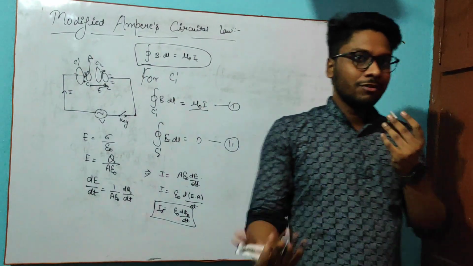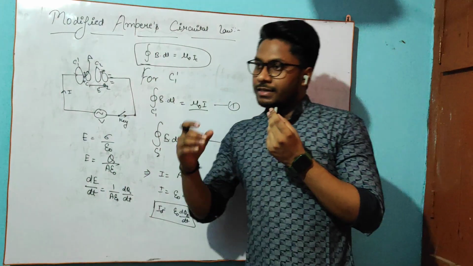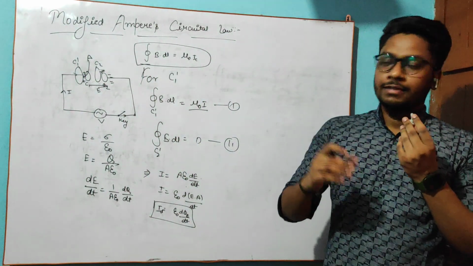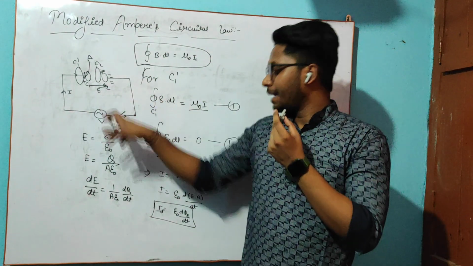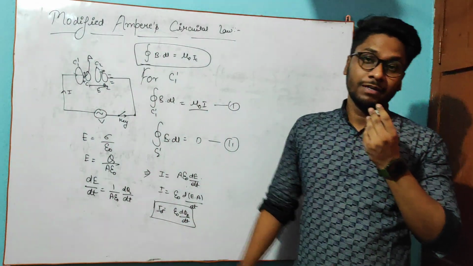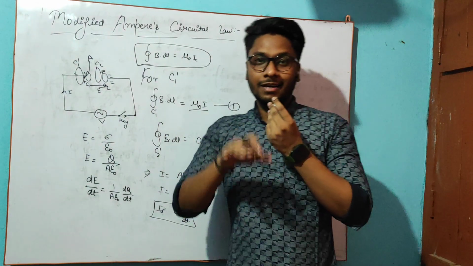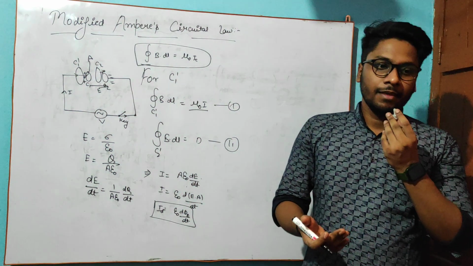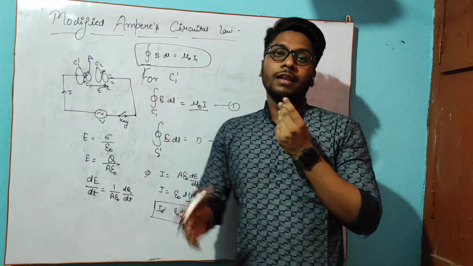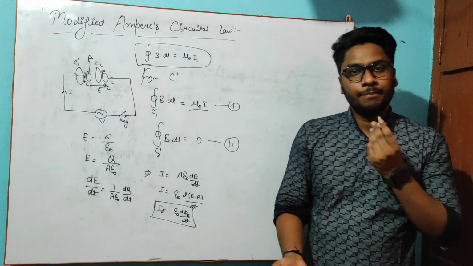So from here Maxwell thought that an electric field changing with time produces a current, that is the displacement current. So displacement current is the current which comes into existence whenever the electric field or electric flux changes with time.